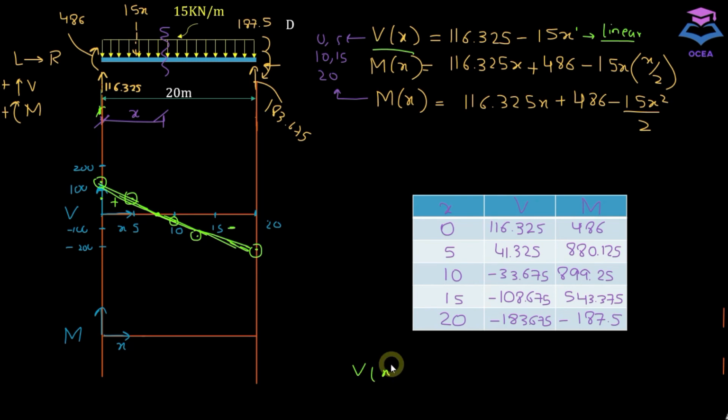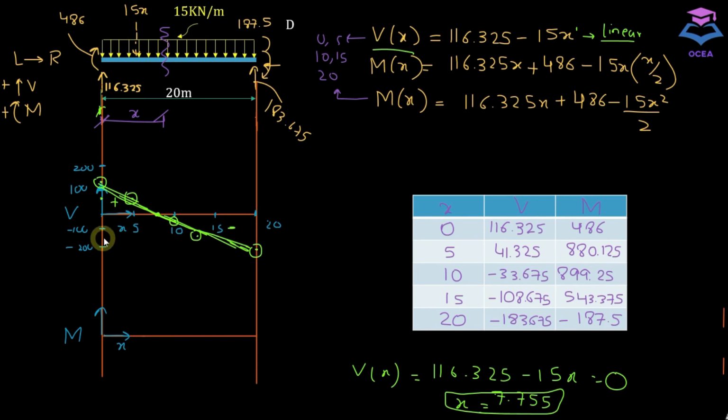So V of x equals 116.325 minus 15x equals 0. If you calculate x from here, the distance from here to here, where shear force is 0, is equal to 7.755.